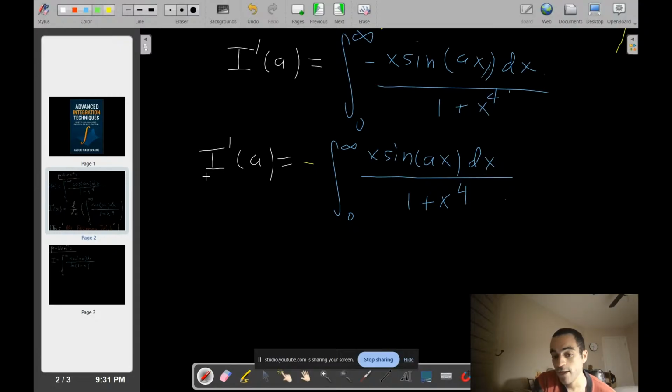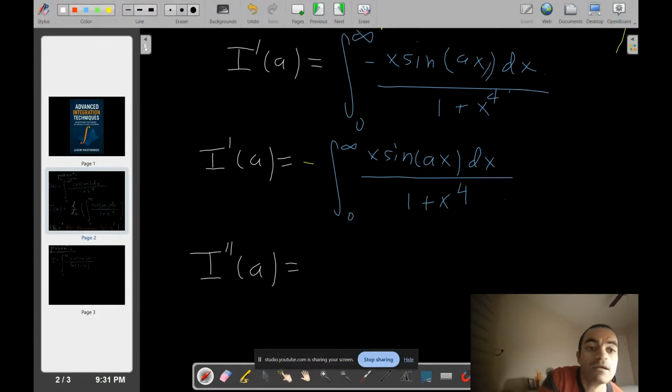So we have to see how many times we have to differentiate with respect to a. We found I prime of a. Let's find I double prime of a. This is going to be negative the integral from 0 to infinity of, well, I'm differentiating with respect to a again, so I can pull out another x.